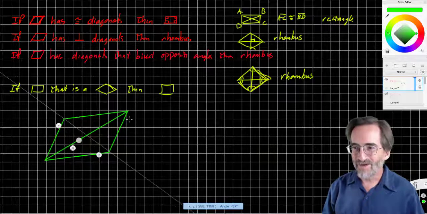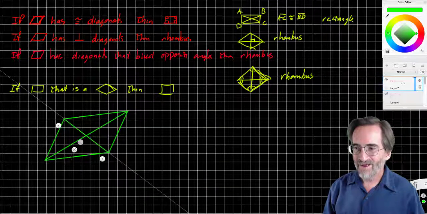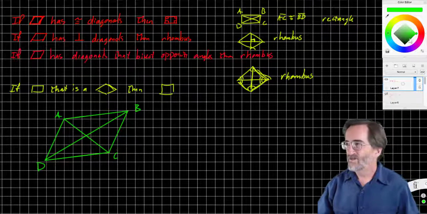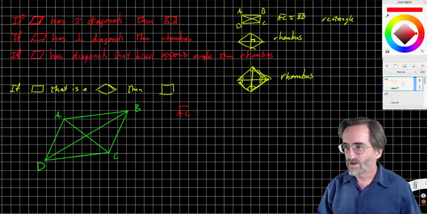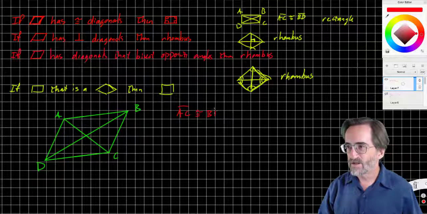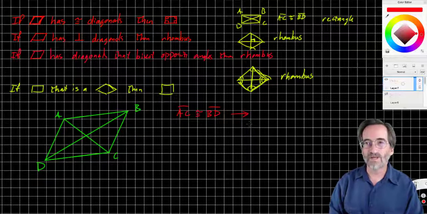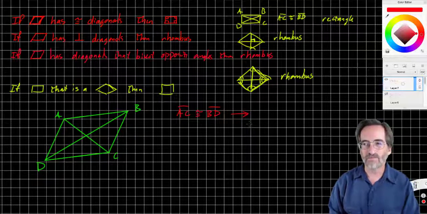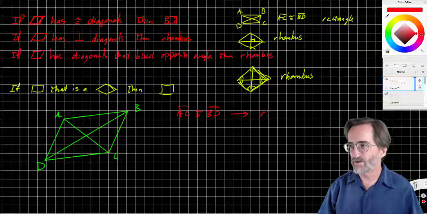We tell you that, A, B, C, D. If I tell you that AC is congruent to BD, then we can conclude what? Think about it for a second. What shape is this? If the diagonals are congruent, the shape must be a rectangle.